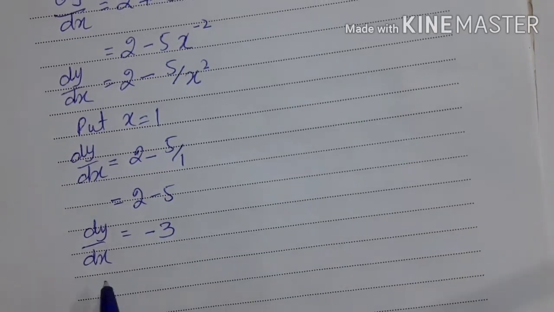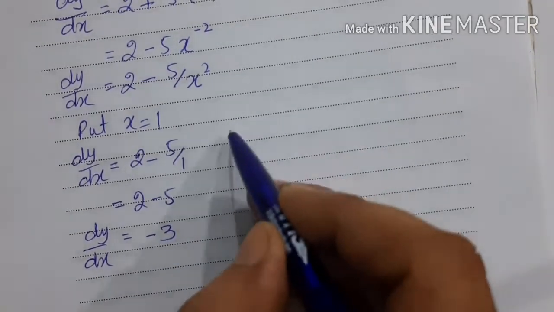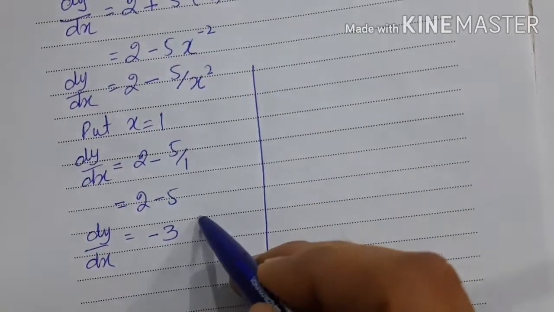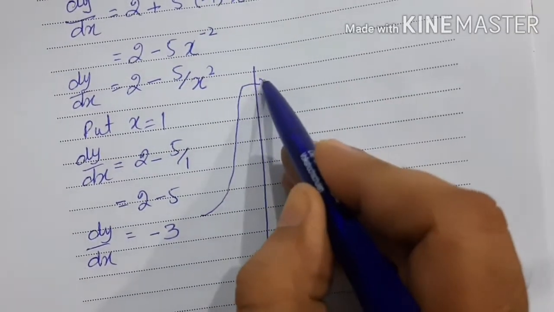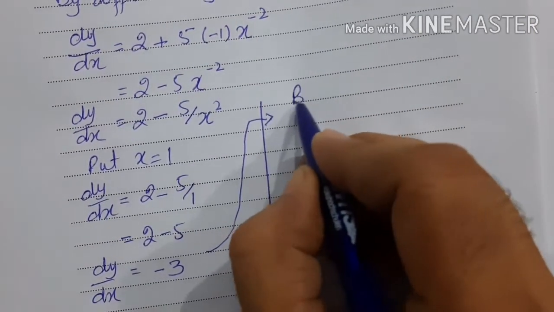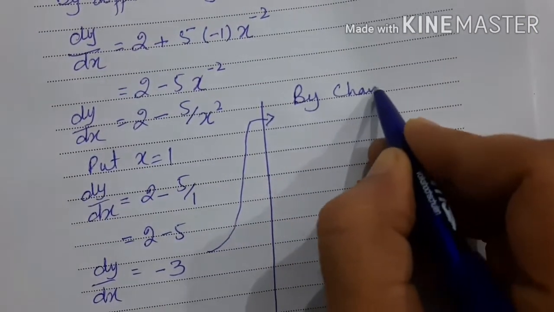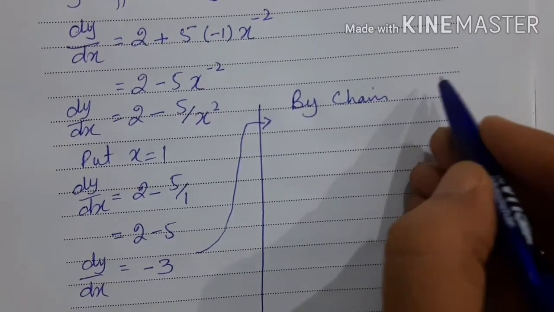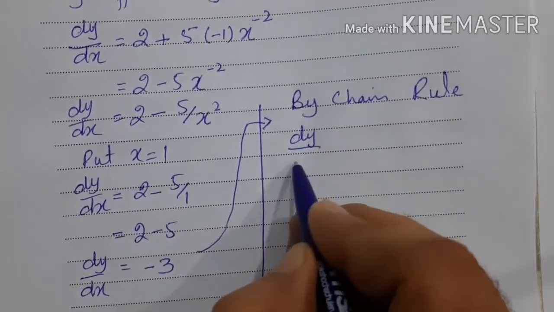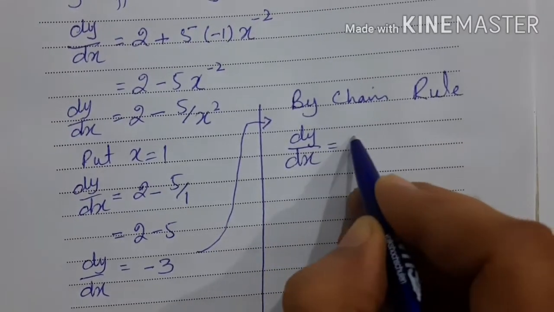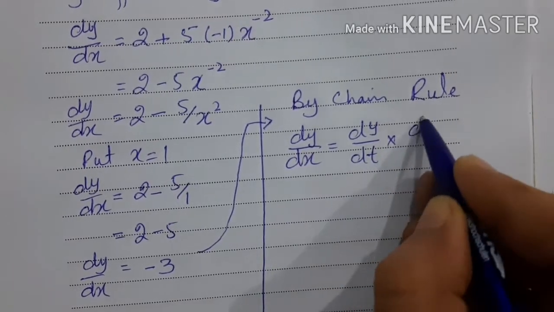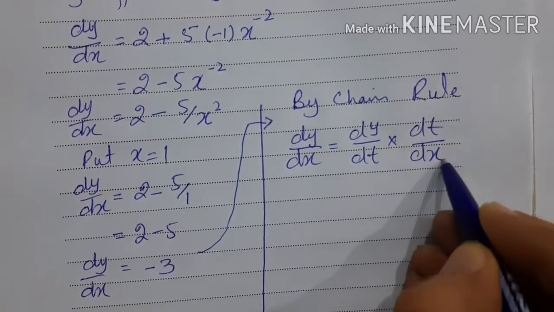Now we know by chain rule, dy by dx can be written as dy by dt multiplied by dt by dx.